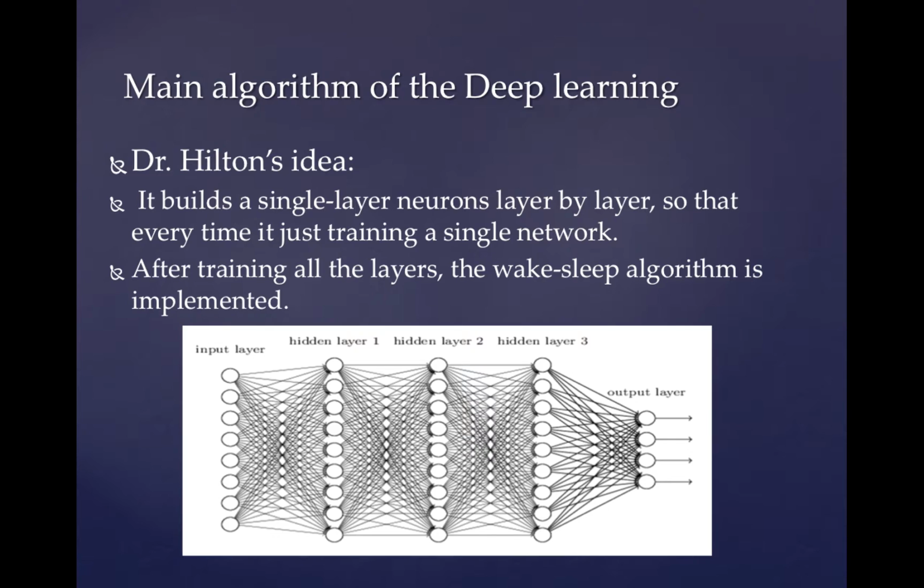After training all layers, Dr. Hinton uses the wake-sleep algorithm for tuning. See this example: there are many connections between layers, and each time we just train one layer, so we reduce the complexity of the neural network.